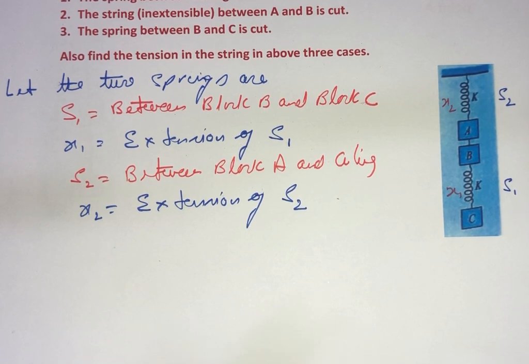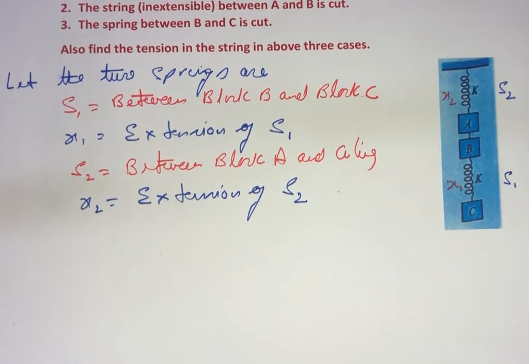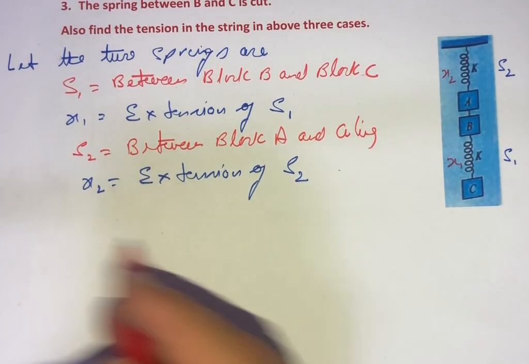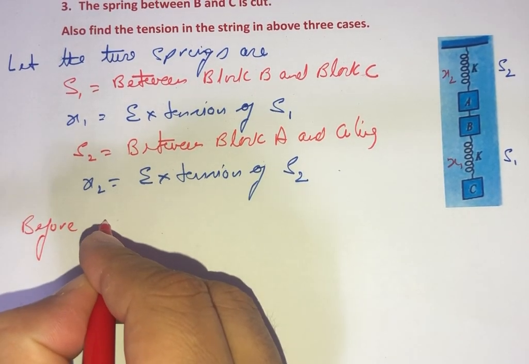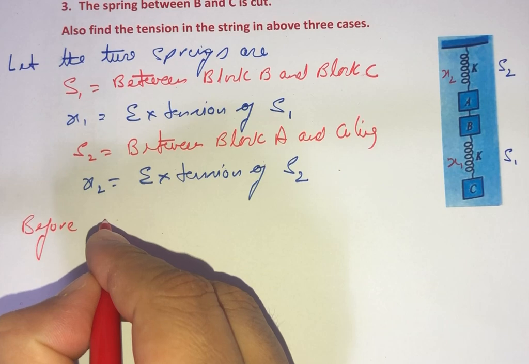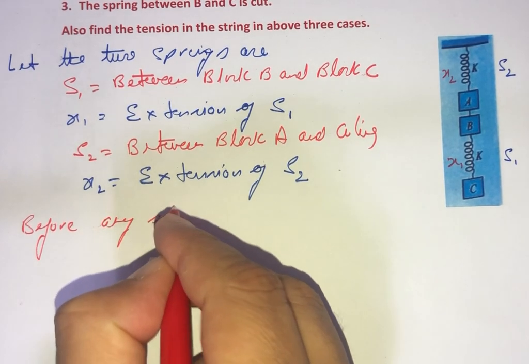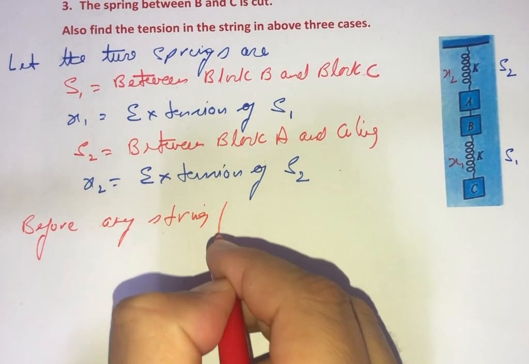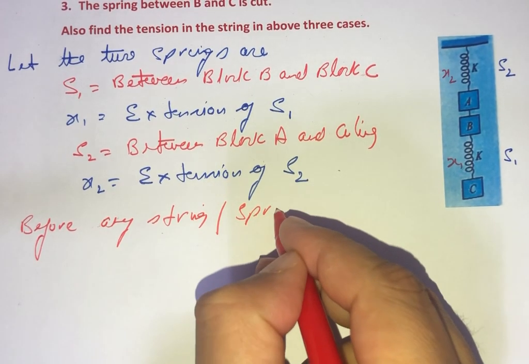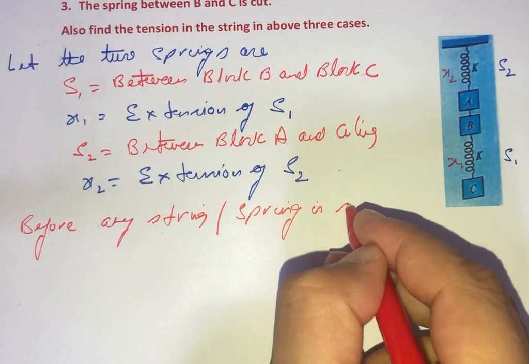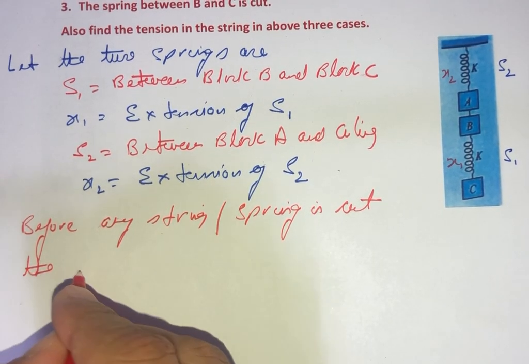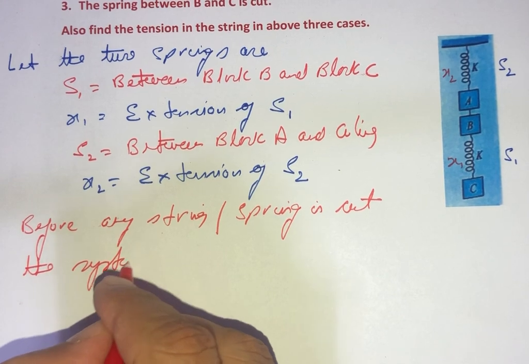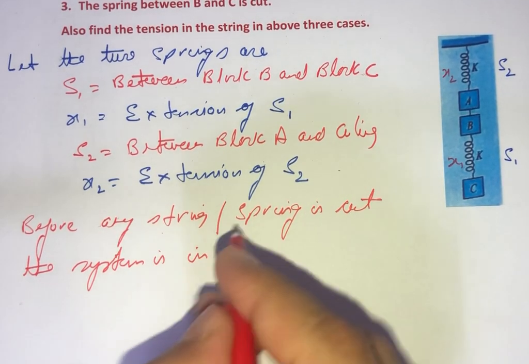So before the string is cut, everything is in equilibrium. Okay, as it is written. So you can say that before any string or spring is cut, the system is in equilibrium.